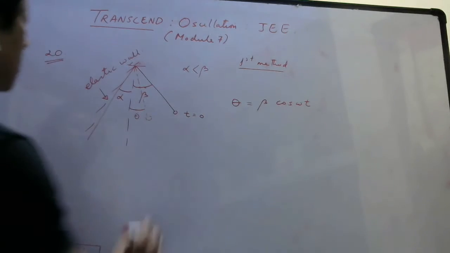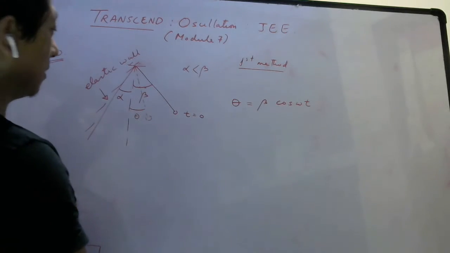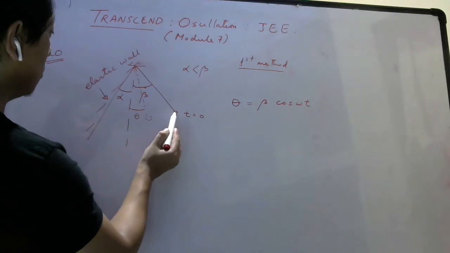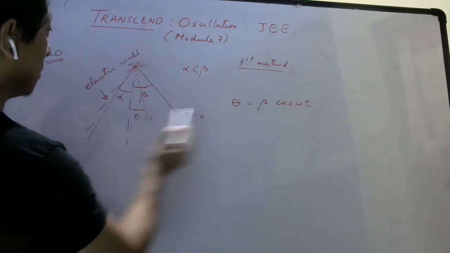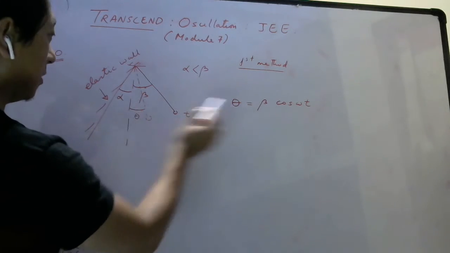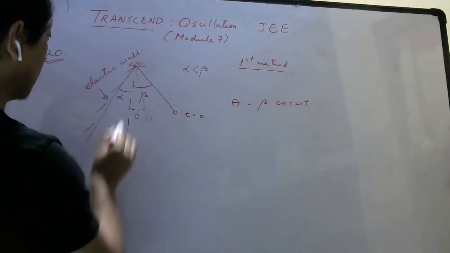So what is the time taken to reach from here to here? Let us see. When it goes from here to here, theta, which is the angle measured from the vertical, becomes how much?